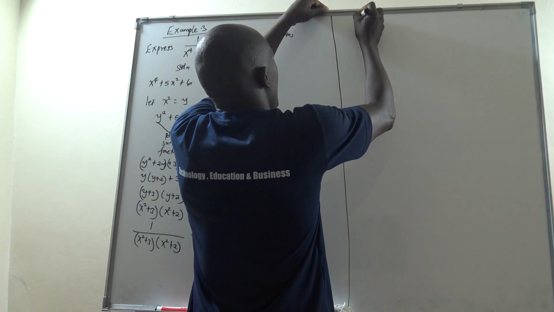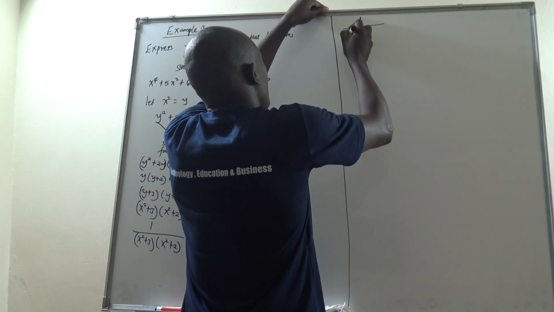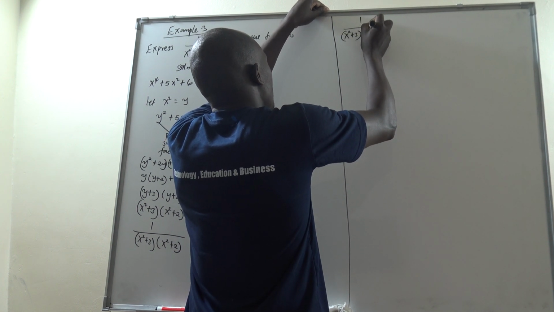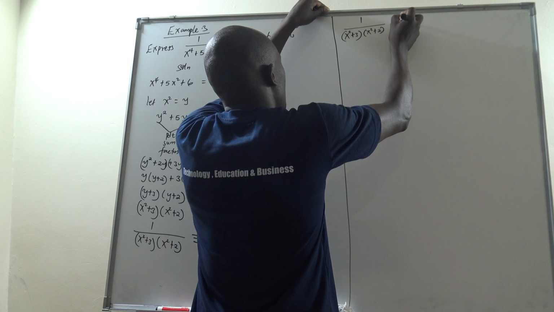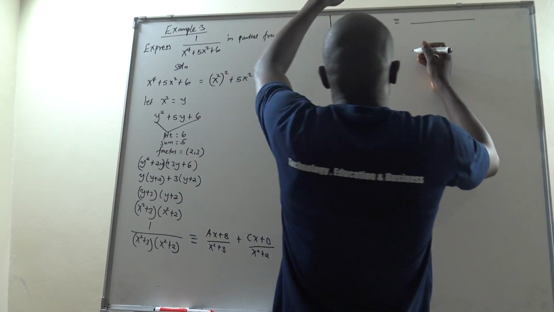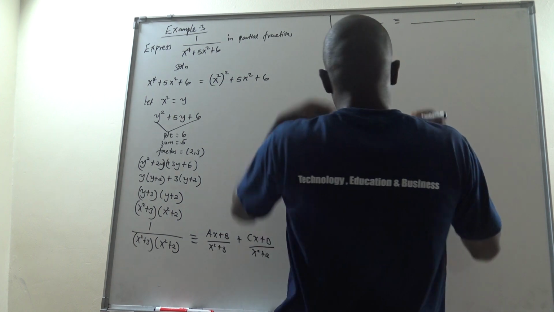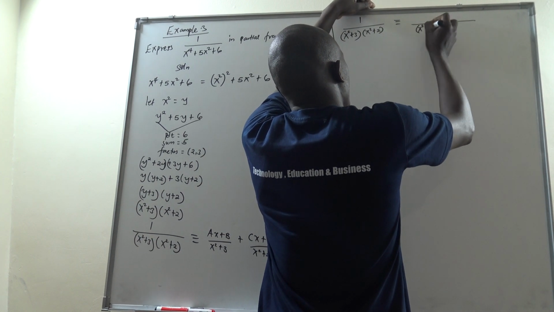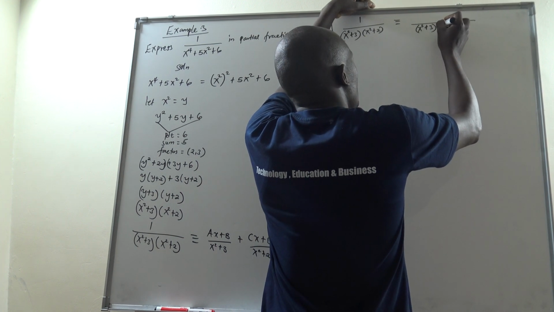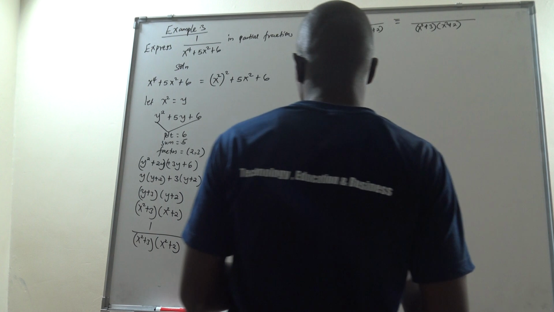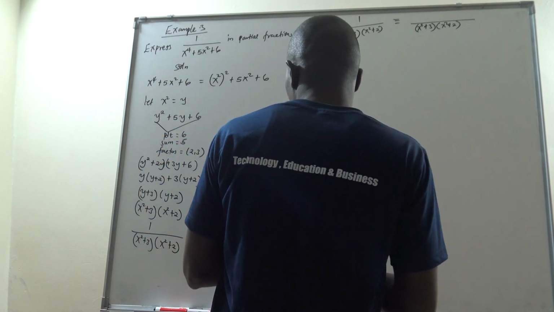So we have 1 all over x squared plus 3 into x squared plus 2, which is the same as the LCM here, x squared plus 3 into x squared plus 2. So the whole of that divided by this, we are coming out with x squared plus 2.